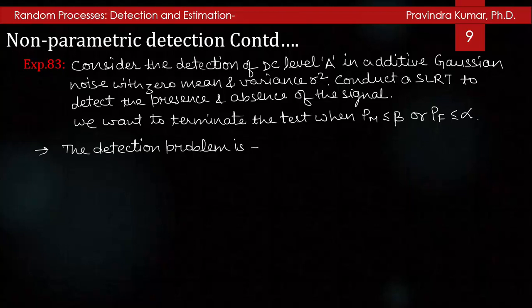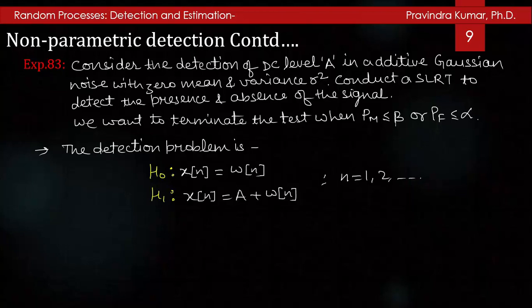So the detection problem has two hypotheses, H0 and H1. Hypothesis H0 corresponds to xn equal to omega n, meaning under hypothesis H0 only noise is present, and under hypothesis H1 the DC level is also present with the noise, meaning xn is equal to A plus omega n, where n is 1, 2, 3 and so on.